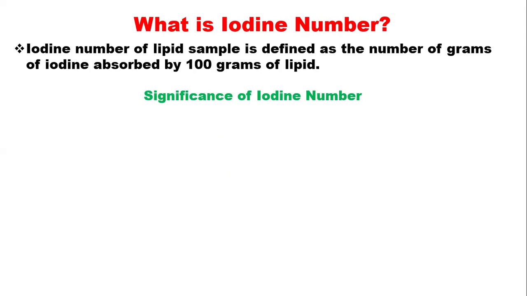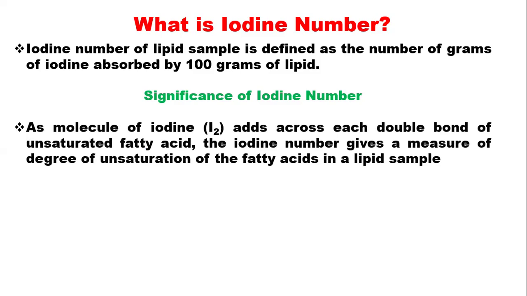And if you talk about the significance of this iodine number, we are talking about lipids, which can be saturated or unsaturated in terms of the fatty acid composition. We can have saturated fatty acid and unsaturated fatty acid.